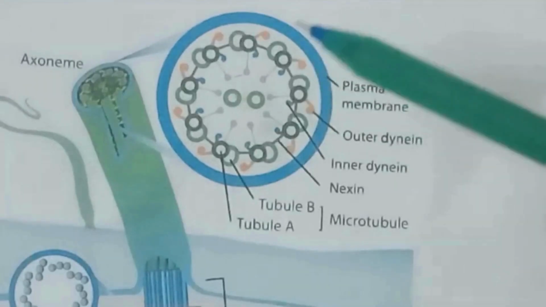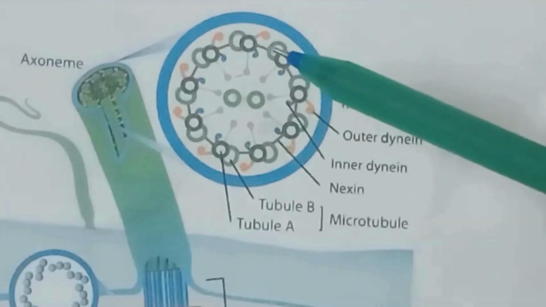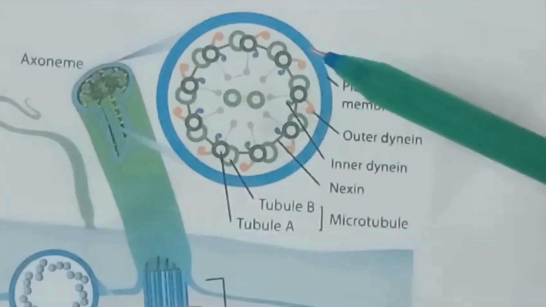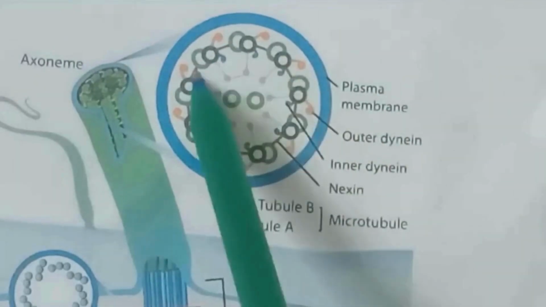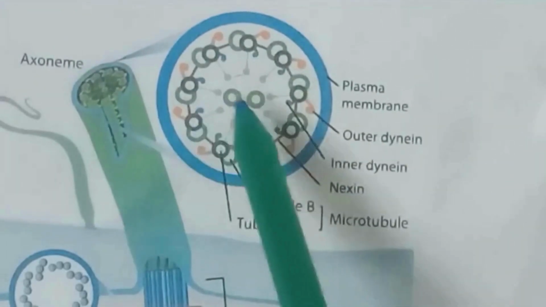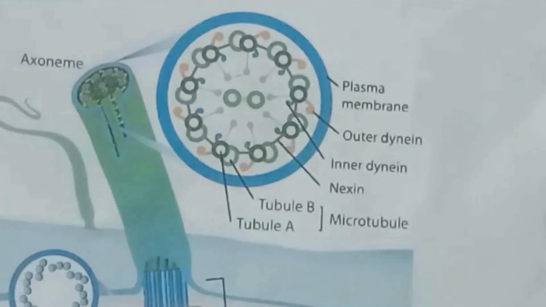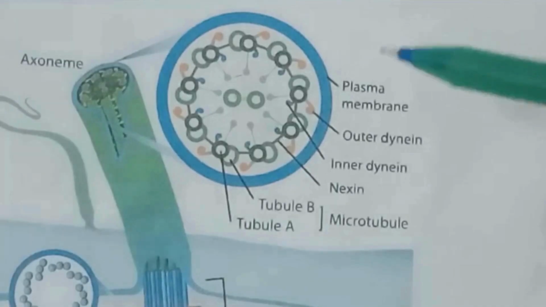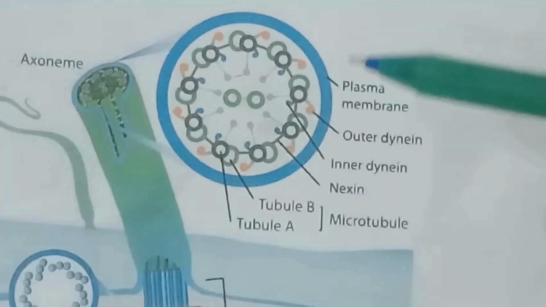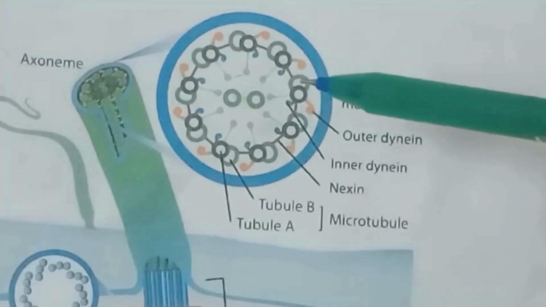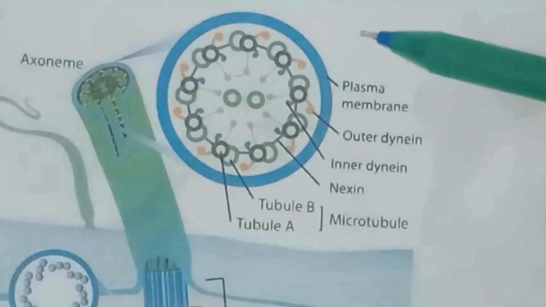So these flagella have an arrangement of 9 plus 2, where 9 means 9 microtubule doublets and 2 means 2 central tubules. Both cilia and flagella emerge from centriole-like structures called basal bodies.